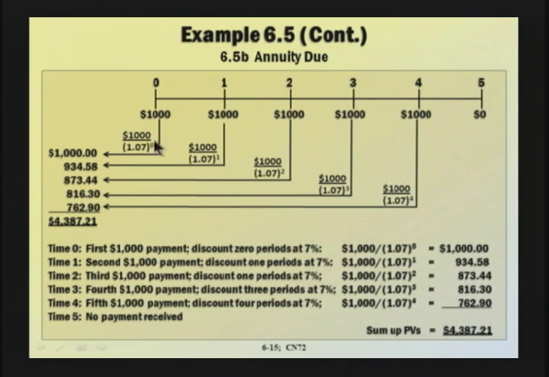Discount the first payment, no time at all. Anything to the 0th power is 1. It doesn't get discounted at all because it occurs today. It's already a present value, so it's still worth $1,000. The second payment now gets discounted only 1 year because it comes at the beginning of the second year, which is only 1 year from now.